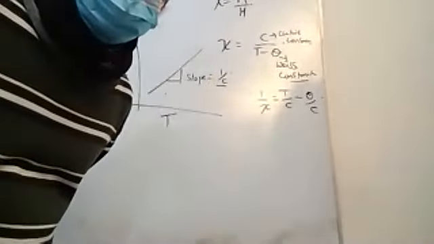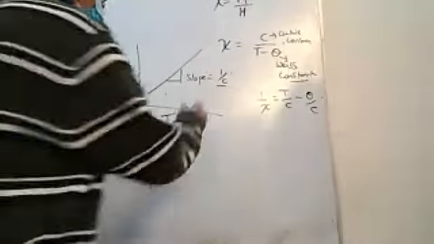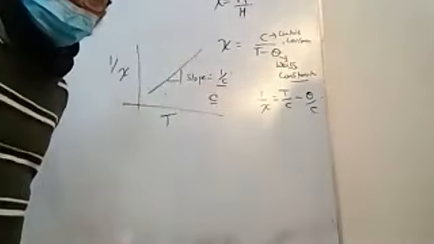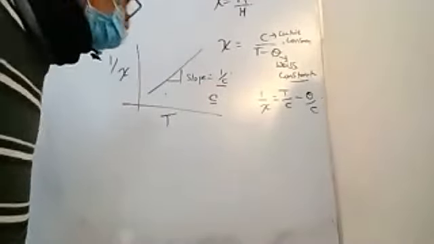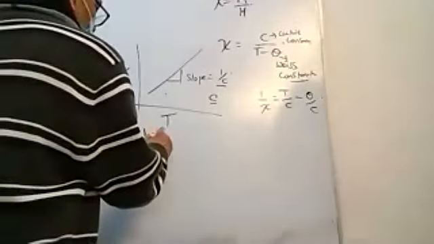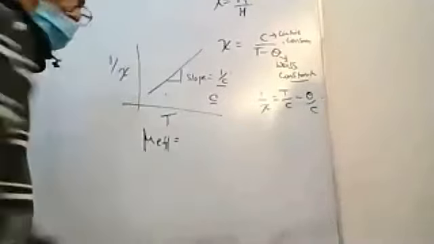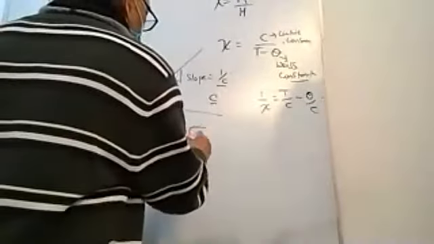So once you know the slope, you can calculate the Curie constant value. And the effective magnetic moment is basically square root of 8 times C.